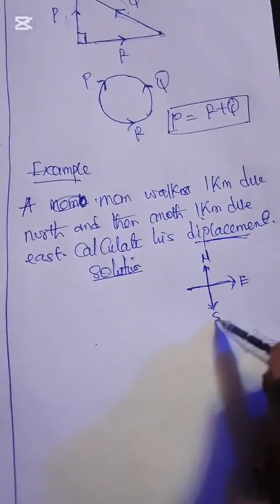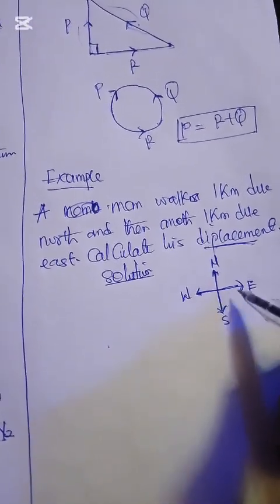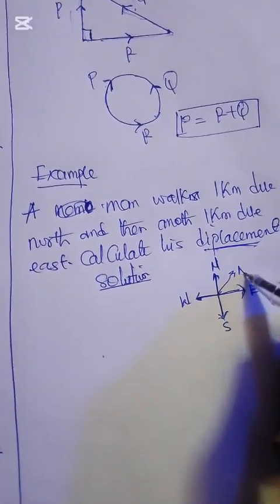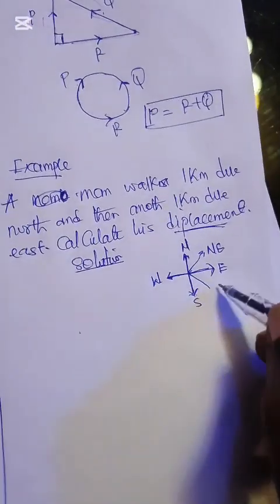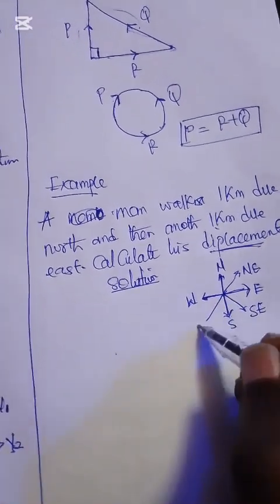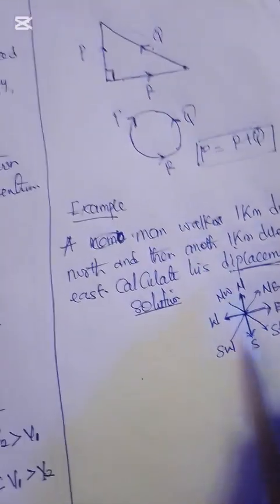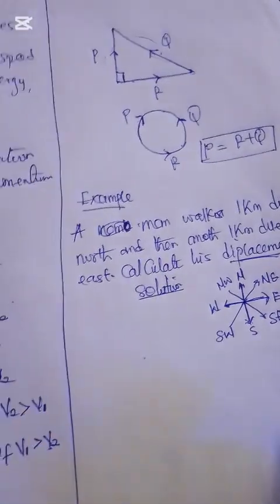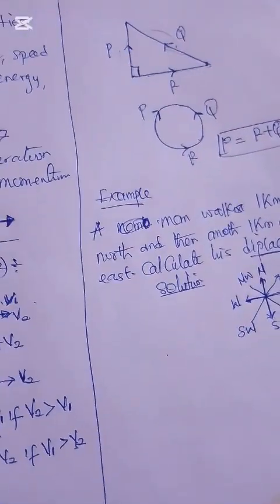Here is south, and here is west. In between north and east, I have northeast. In between east and south, I have southeast. Here I have southwest, and here I have northwest. These are the 8 cardinal points I am going to be using to explain this topic.